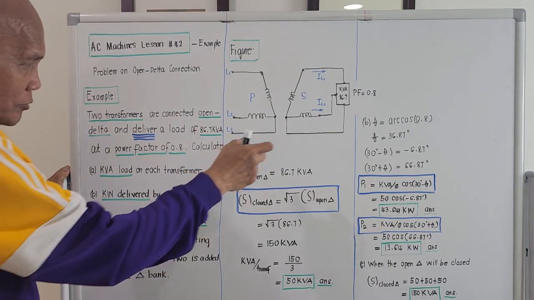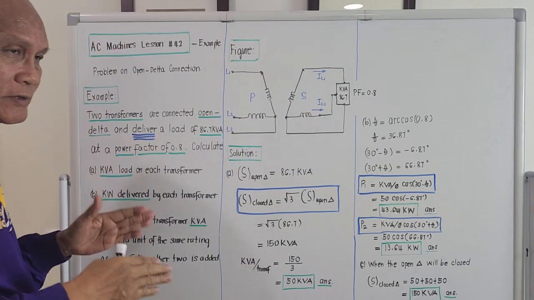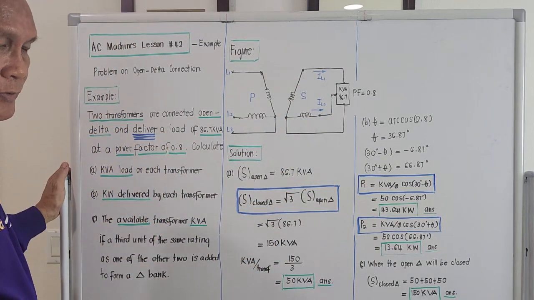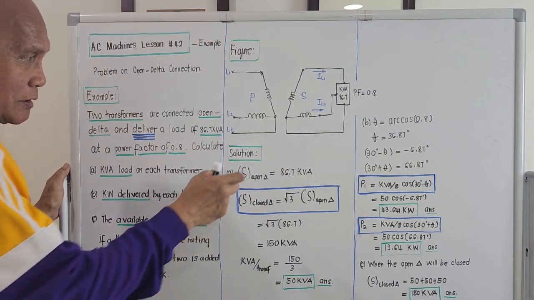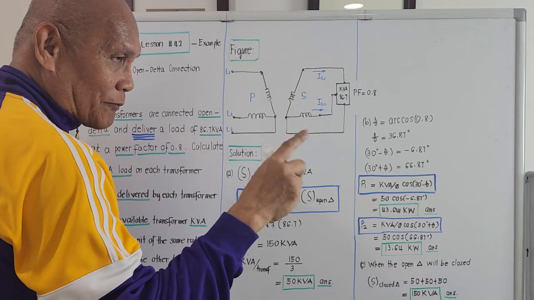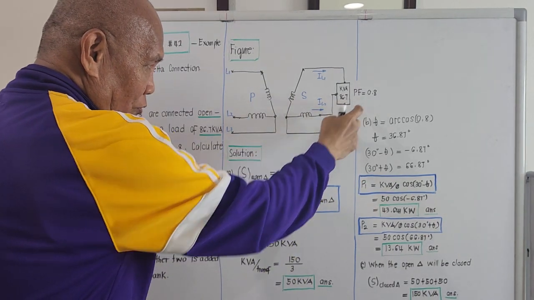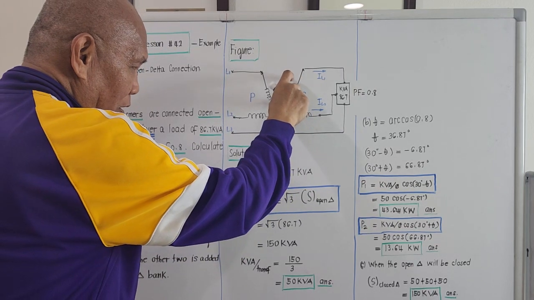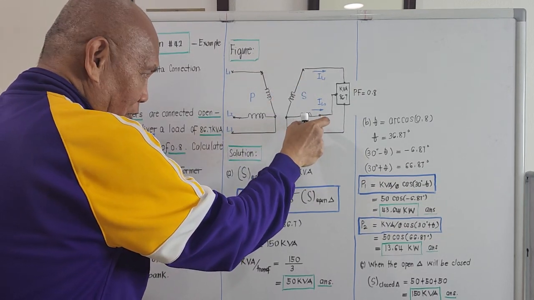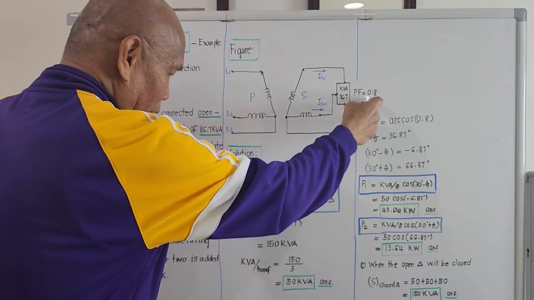Obviously, the two transformers will deliver loads not equally, okay? Because for the rating or the delivered load of each to be equal, the power factor must be equal to 1, but the power factor is 0.8. So one of the transformers carries a higher load and the other carries a lesser load for a power factor of 0.8.